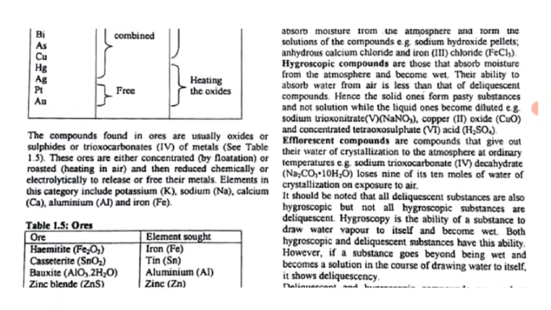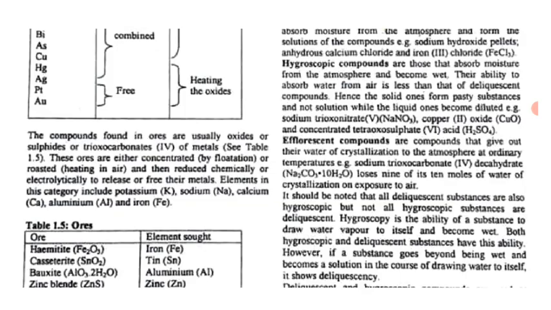The compounds found in ores are usually oxides, sulfides or carbonates of metals. These ores are either concentrated by flotation or roasted, heated in air, and then reduced chemically or electrolytically to free their metals. Elements in this category include potassium, sodium, calcium, aluminium, and iron.